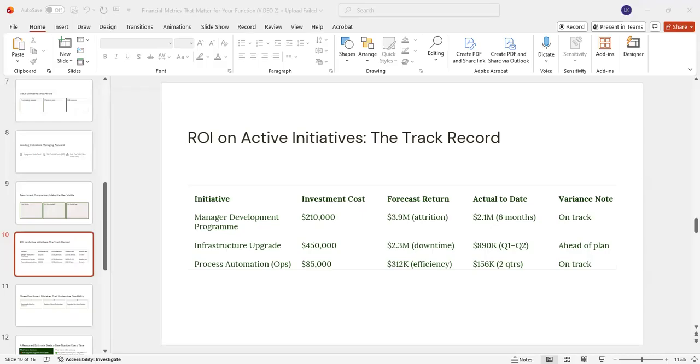They just don't want surprises without an explanation. So keeping them abreast of how the variances are playing out, and even when they're not playing out the way you expected, keeping them apprised with an honest note allows you to maintain trust over the budget cycle.